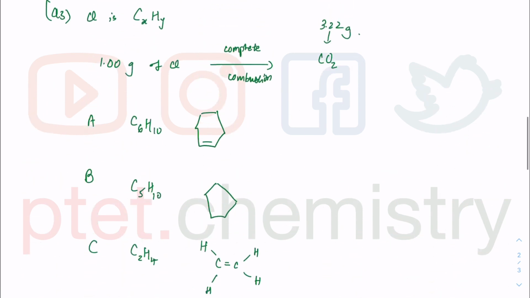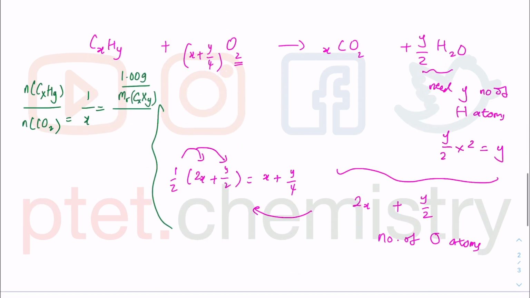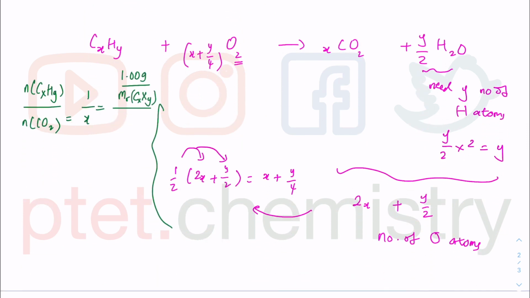So Q is the hydrocarbon. What I could do is write Mr of Q as well if I want to. Perhaps that's what I should do. So Mr of Q. And then at the bottom there is the mole of CO2. So I produce 3.22 gram of CO2, and that's divided by 44.